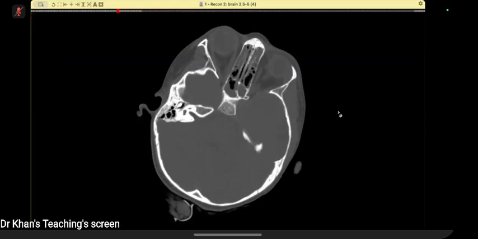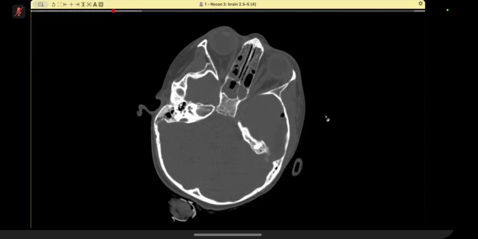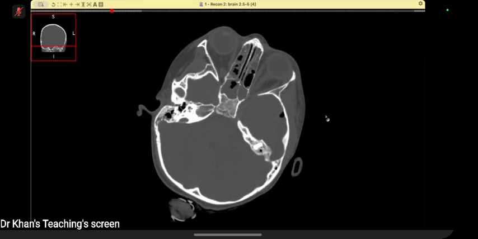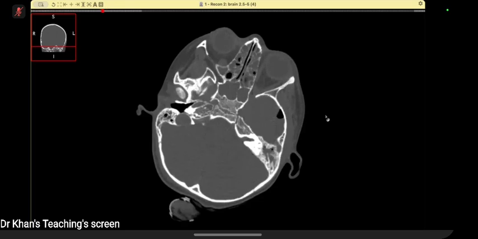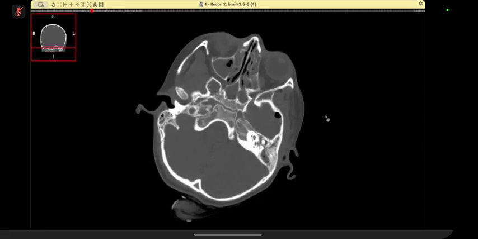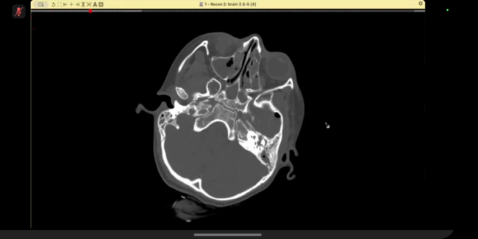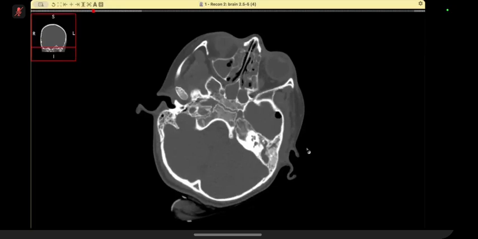So I've been presented with a bone window plain CT without contrast, showing the temporal bone. I have opacified paranasal sinuses, both maxillary and ethmoidal air cells, and there is an air locule presented in the anterior temporal space intracranially, and there is another soft tissue at the aditus and antrum.